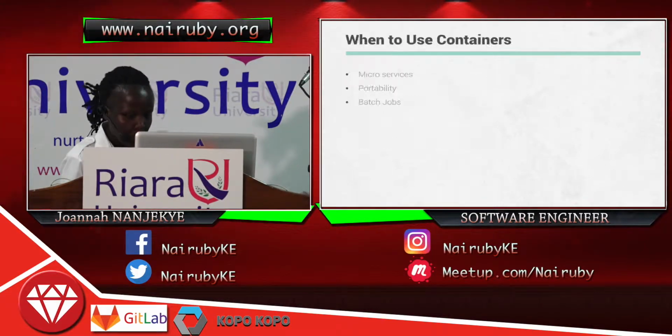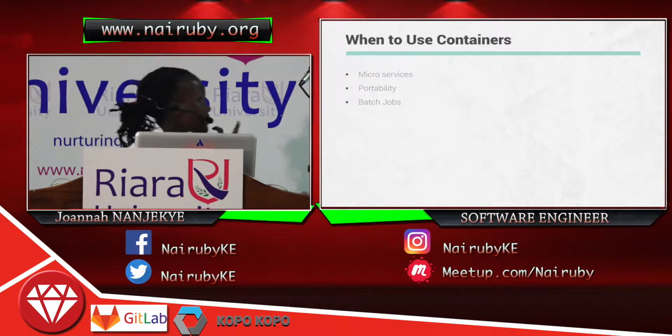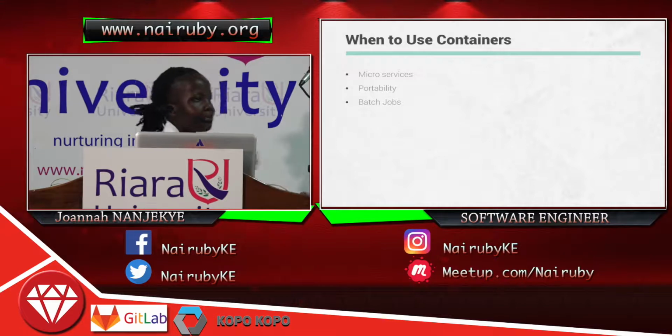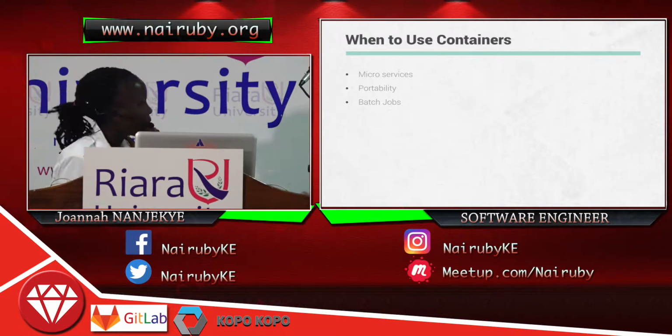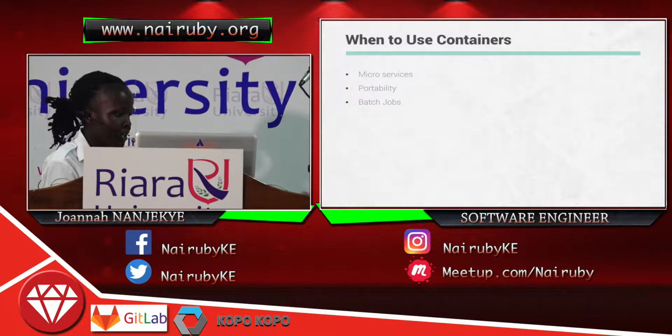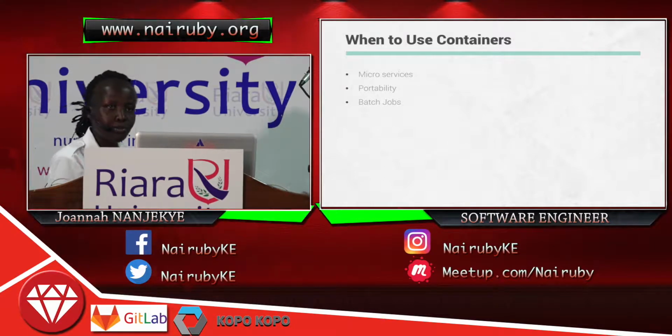So when do you use containers? There are benefits of using containers, but when would you use a container? Because I believe that containers shouldn't be used in every case, just like anything. Shoes are used for something. When you're going to sleep, you probably take off your shoes.